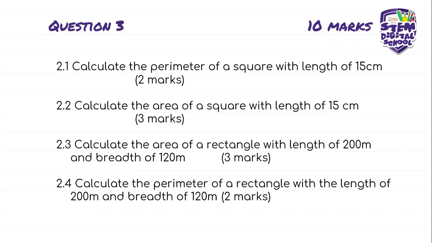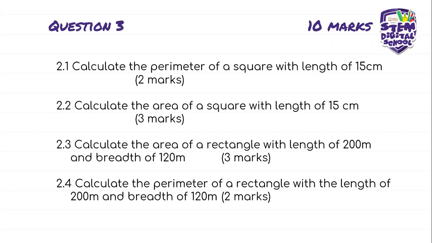Now I want us to find the perimeter of a square with the length of 15 centimeters. The length in this case is 15 centimeters. And all that I want us to do now is just to find the perimeter.